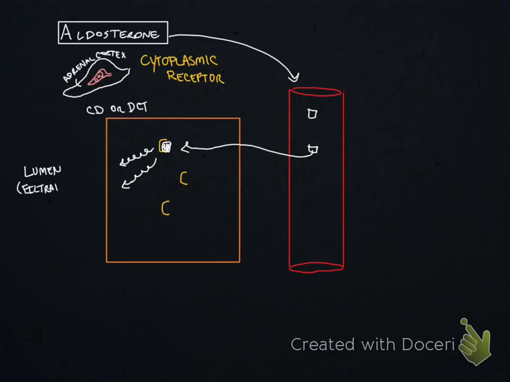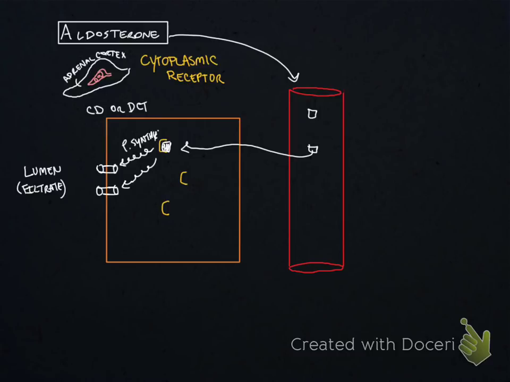So the hormone binding to the receptor causes protein synthesis. We need proteins to make things. And what it makes is sodium and potassium channels on the luminal edge. Channels are embedded on the luminal membrane of this distal convoluted tubule or collecting duct.